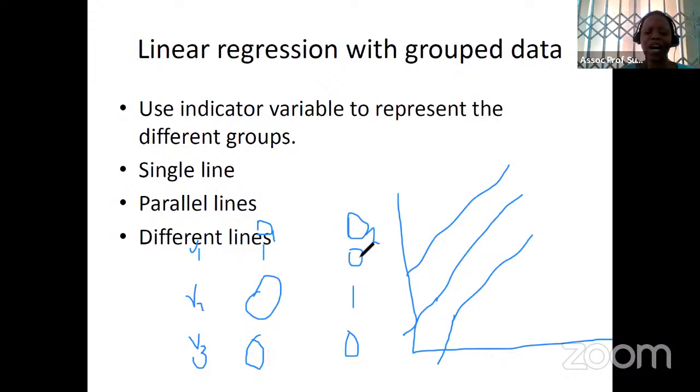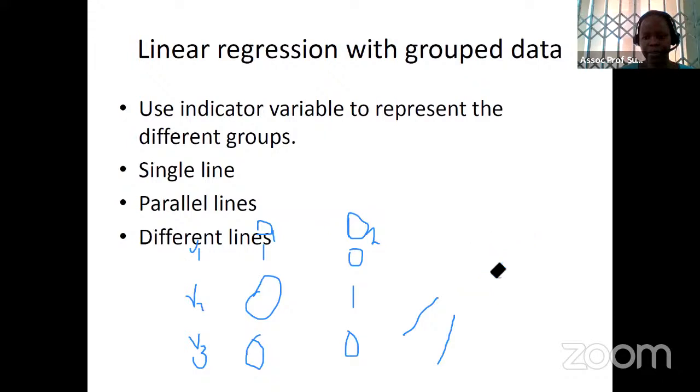Different lines is when you have different intercepts and also different slopes. Let me erase this. So we are going to have different lines.